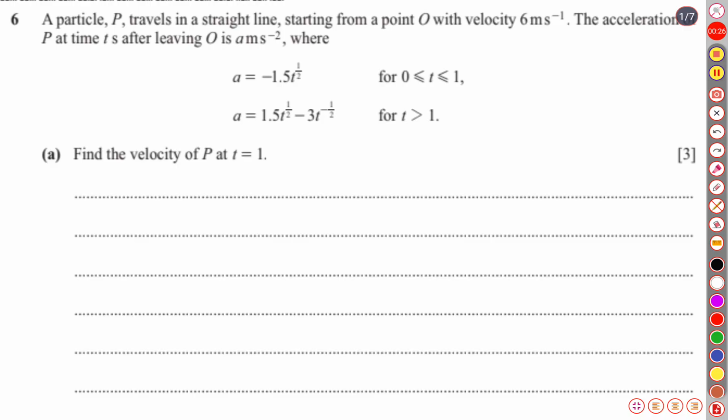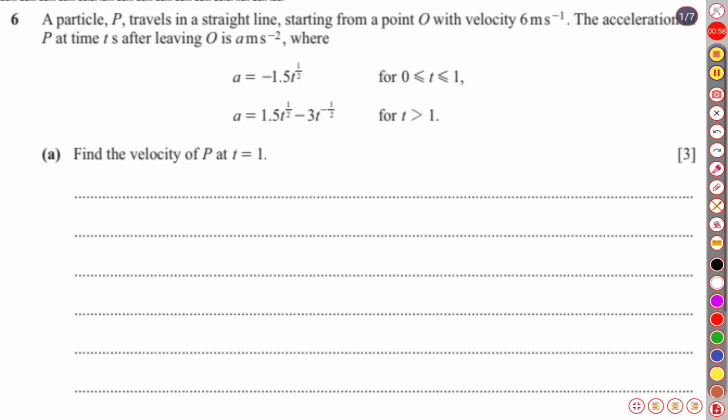The acceleration of P at time t seconds after leaving O is a meters per second squared, where a is equal to negative 1.5 t raised to half for 0 until 1 second, and a is equal to 1.5 t raised to half minus 3 t raised to negative half for t greater than 1. Find the velocity of P at t equal to 1.